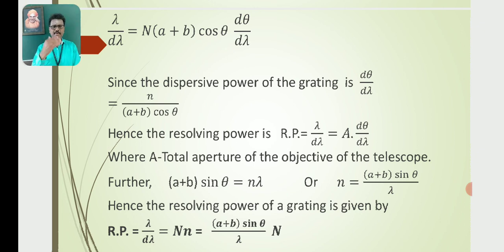So in the above equation, N(A+B)cosθ can be replaced by A, such that the resolving power λ/dλ is equal to A into dθ/dλ.